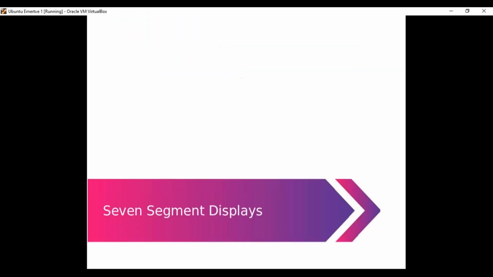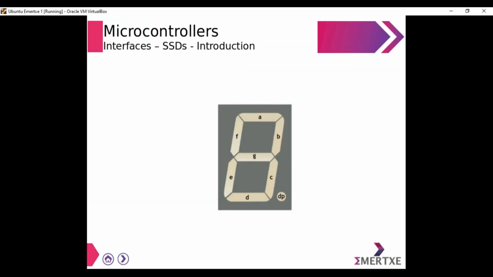Now coming to the SSD here. This is the SSD, which represents 7 segment display. But in fact, there are 8 segments. Starting from segment A, there is A, B, C, D, E, F, G, and the decimal point. So there are in fact 8 segments, but the very commonly used are only the 7 segments.